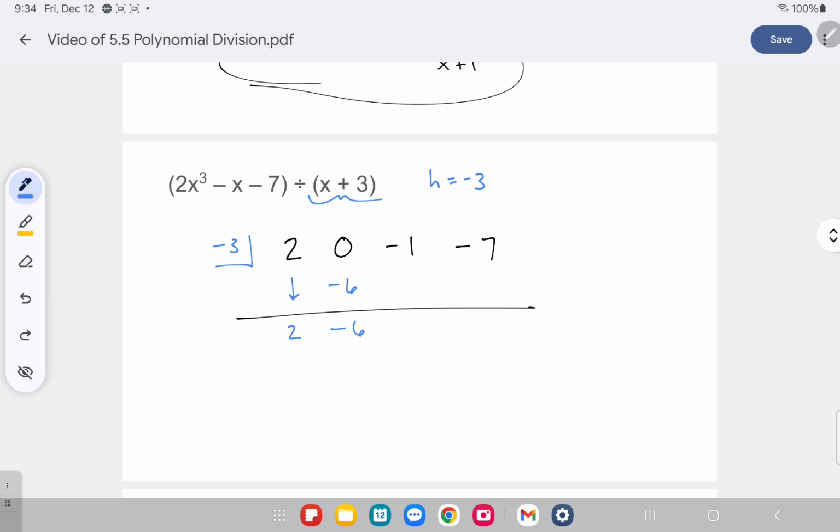Add, multiply by the box. Add, multiply by the box. Add. So again, that last term is your remainder. And once again, we have a quadratic. So 2x squared minus 6x plus 17 minus 58 over the divisor.